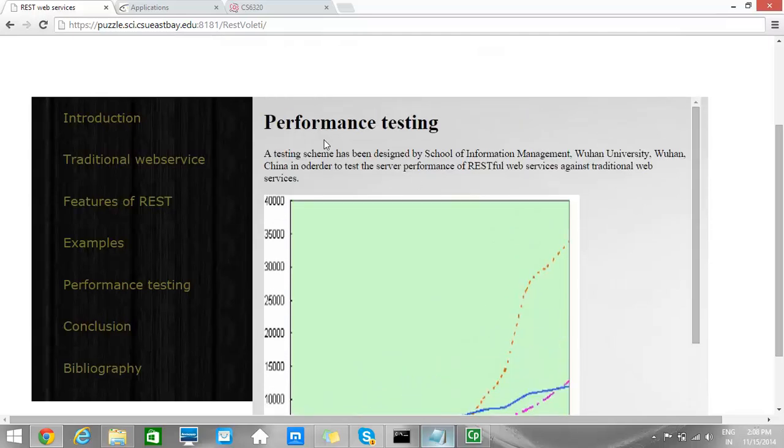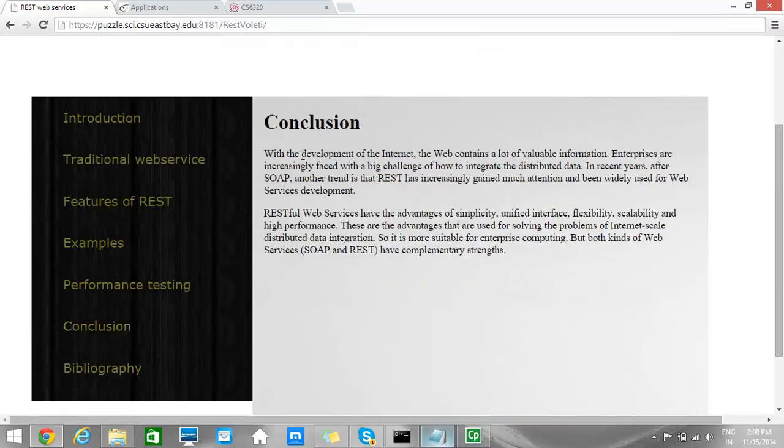So, nowadays everybody is using REST web services, and no one is using traditional web services like SOAP. So the conclusion is that with the development of the internet, the web contains a lot of valuable information. Enterprises are increasingly faced with big challenges of how to integrate the distributed data.